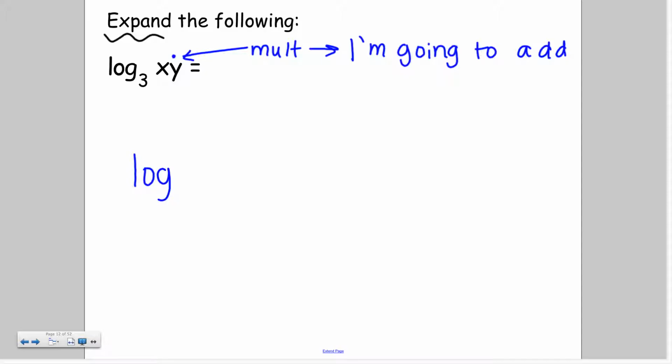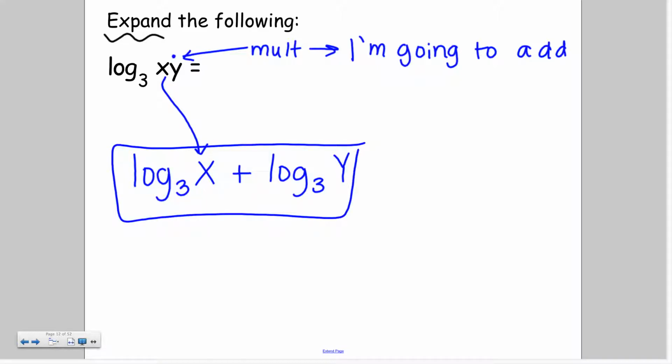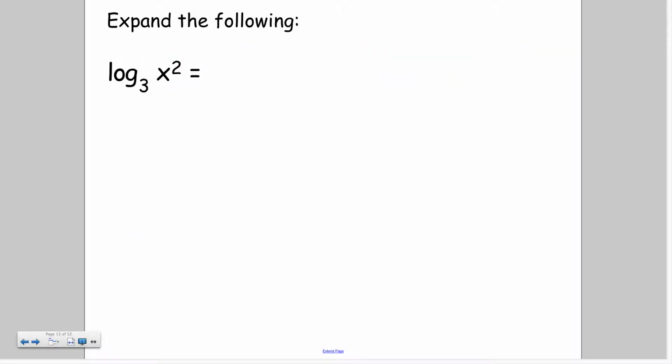So log base 3 of x, and then plus log base 3 of y. And that's my answer. All I'm doing is using those rules, and I am making the equation that's given to me bigger.